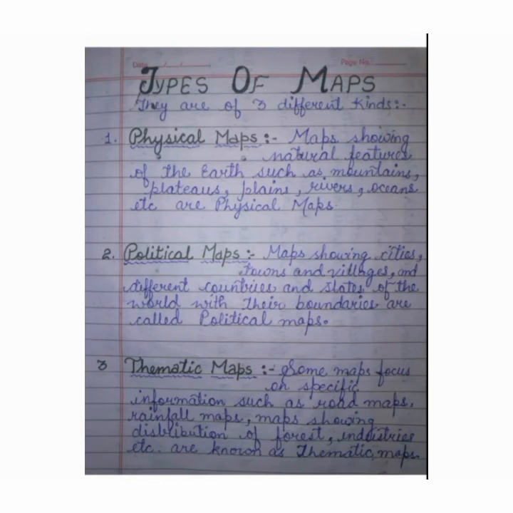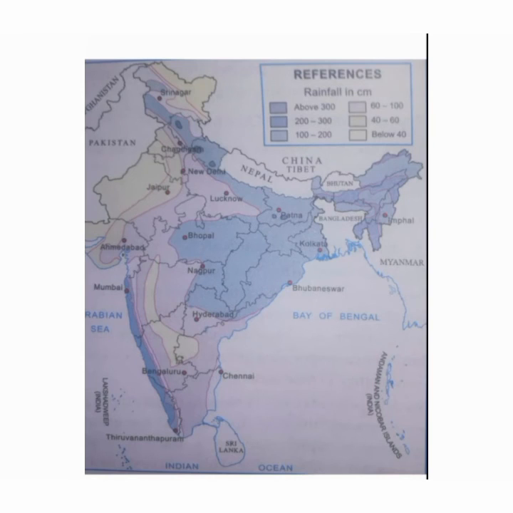Every thematical map has a title according to the information given on the map. Map makers usually use colors to show different climate or precipitation zones. Now when you look at the Indian thematical map, you can see that the maximum 300 centimeter rainfall is denoted by gray color. You can show or denote with any color you choose.